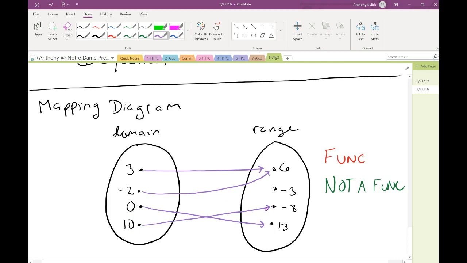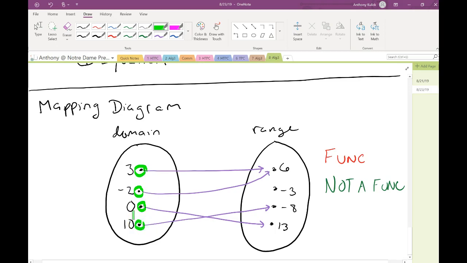Is this a function? I heard some people say yes, I heard some people say no. So let's go through the definition again, just to see if anybody wants to change their mind, since there's a disagreement amongst us. First thing we'll check is to make sure all of the things in the domain are used. So we have that, right?